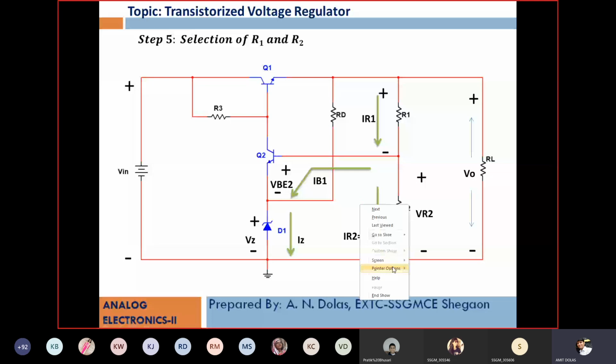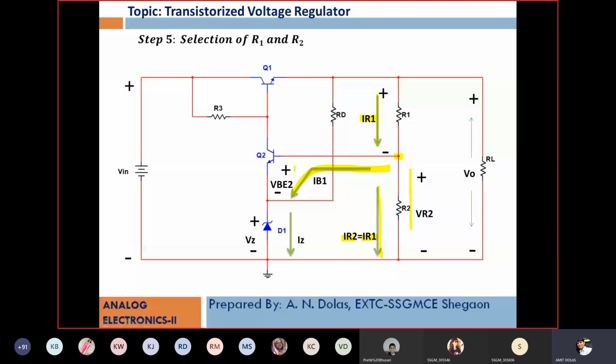So current IR1 is passing through resistance R1, current IR2 is passing through resistance R2, and I have shown here IR1 is approximately equal to IR2, because as IR1 is coming to this node, it is divided into IR2 and the base current of transistor Q2, and base current of transistor Q2 is very less, that is 200 microampere.